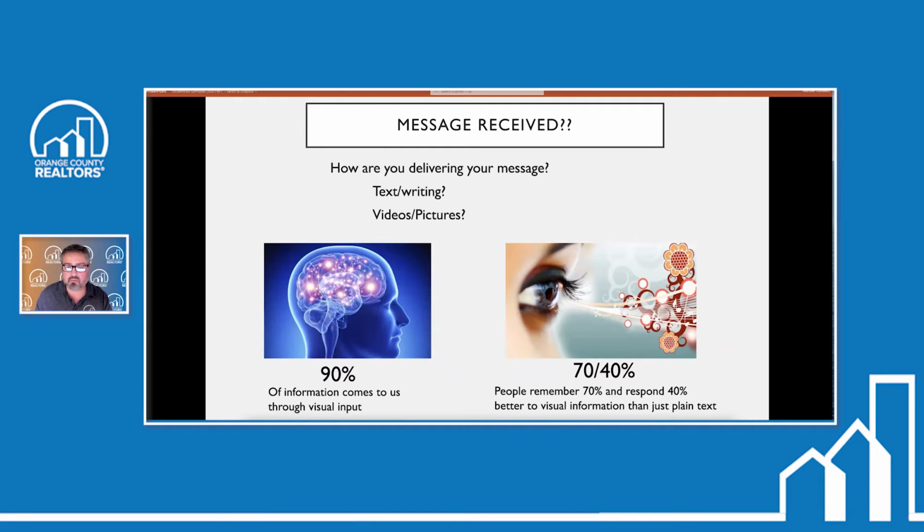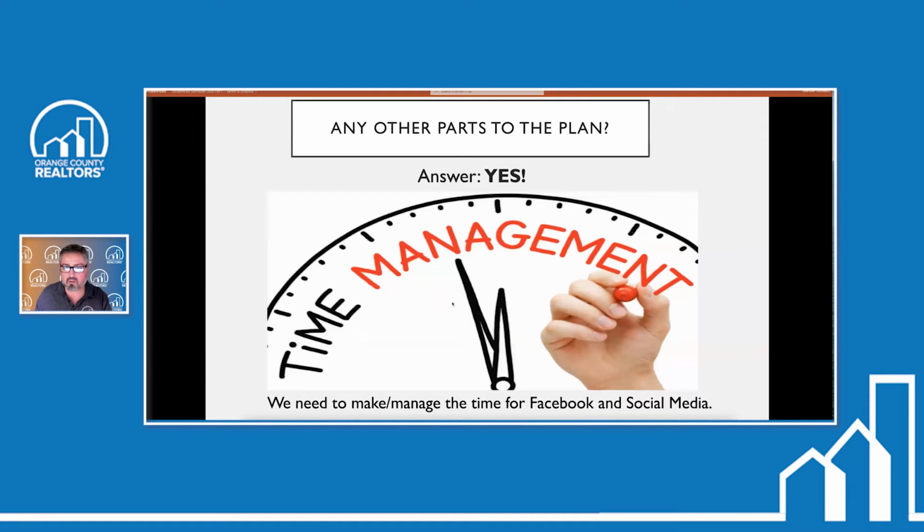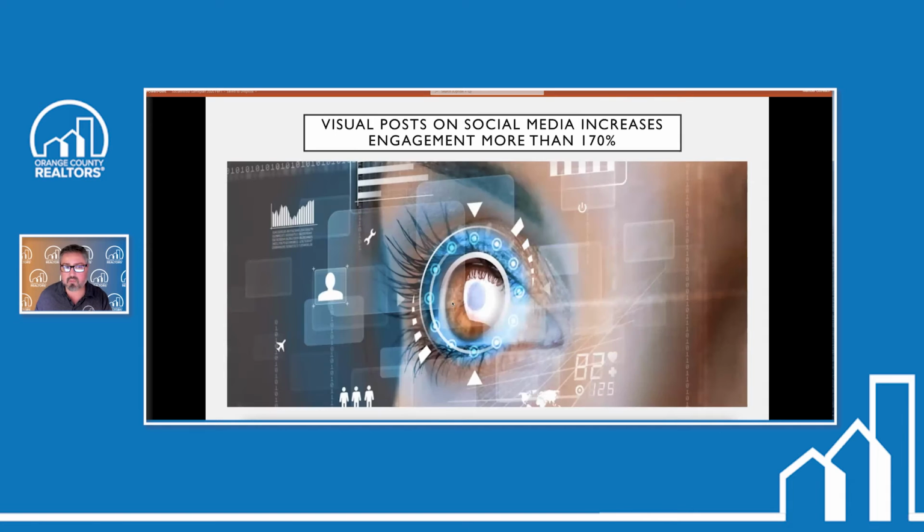A picture, at least, is all left to interpretation. And if your one-word or two-word sentences about an opinion are there, this gets people to start thinking and start reacting. Visual posts on social media increase engagement.